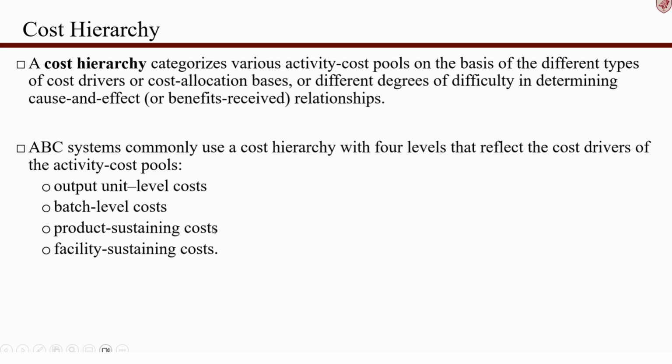If the cost is primarily sustaining, maintaining, and supporting the product itself, it's called a product sustaining cost. On the other hand, if the cost is not just supporting the product itself but the facility, then we say it is a facility sustaining cost. The further down you go, the more difficult it becomes to determine the actual cause and effect, or who is benefiting whom. So the difficulty in determining these relationships becomes even harder as you go down. Okay.